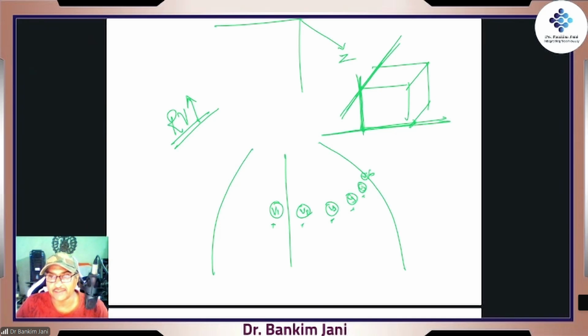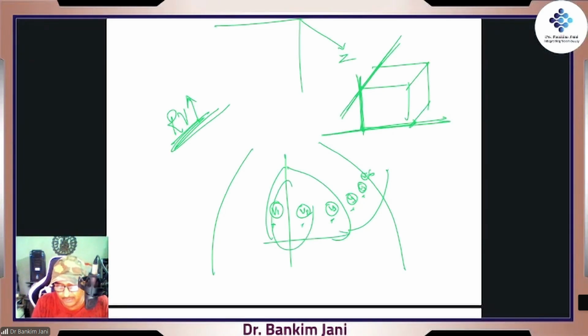Then which chest leads? My friend, V3 to V6. V3 to V6, right? The heart is like this. Right ventricle is in front. This area would be the left ventricle.